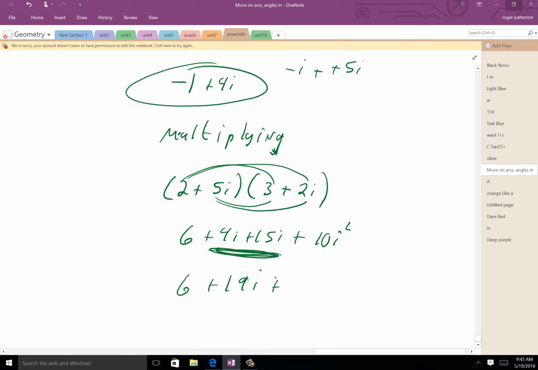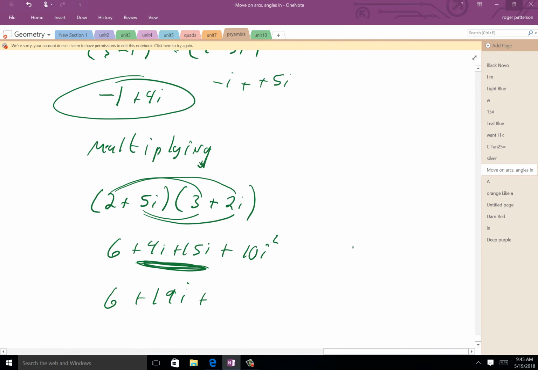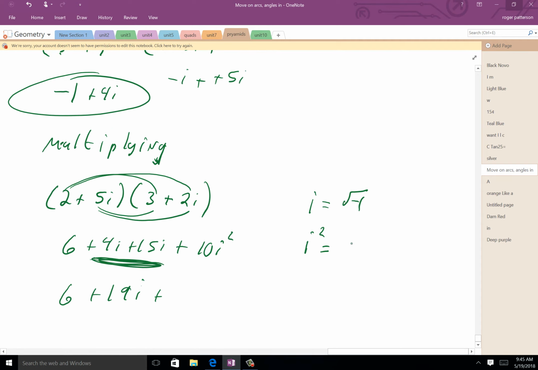And here's where the complicated thing comes in. So, i squared. Let's take a little side trip here for a second. i is equal to the square root of negative 1. So i squared means you're going to take that and square it.